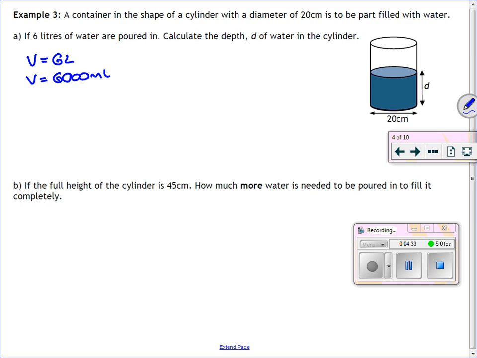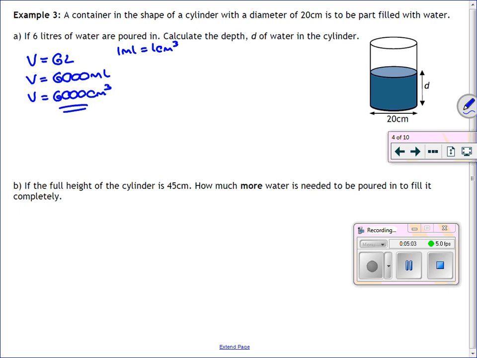And what you'll remember from first year, when we speak about liquid volumes, 1 millilitre is equal to 1 cubic centimetre. So our volume is 6,000 cubic centimetres. So the volume is 6,000. We know what the diameter is at the bottom, it's 20. From that we can get the radius.